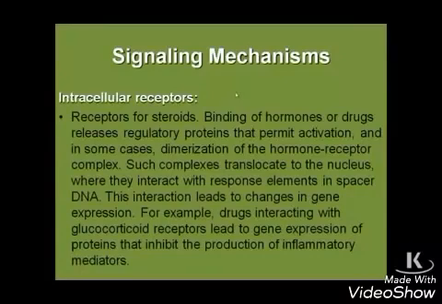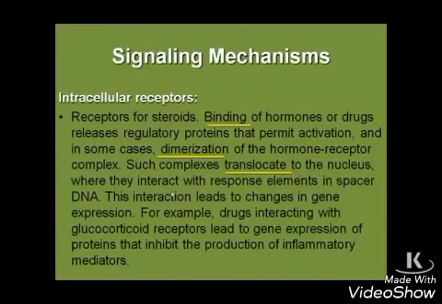Okay? Now, receptors for steroids, the binding of the hormone or the drug is going to release regulatory proteins that are going to permit activation, and in some cases, dimerization. So I'll highlight binding and dimerization. The hormone binds, and most often you form a dimer. That complex is then going to translocate to the nucleus, where it's going to interact with response elements in spacer DNA.